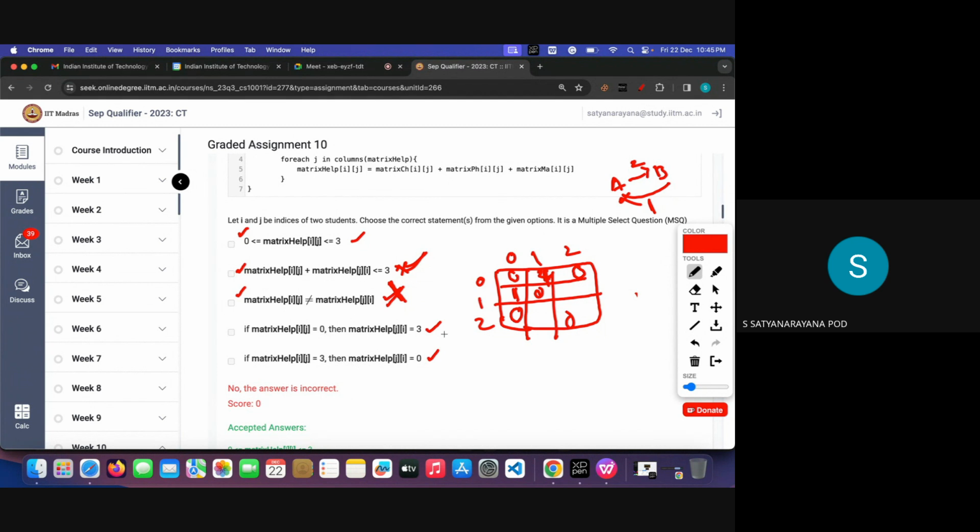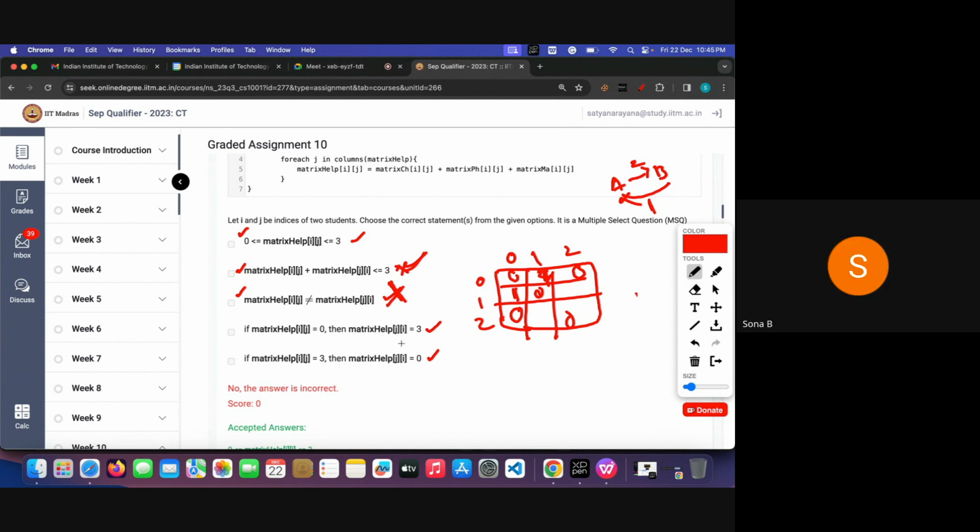That means I is not helping J. But there might be a chance that J is helping I in all 3 subjects. Might be a chance, but we consider every situation, like we are checking whether all the options are true in every situation. So we consider that option only. So maybe that's why option D is wrong.